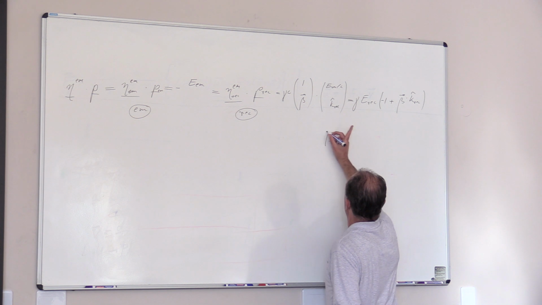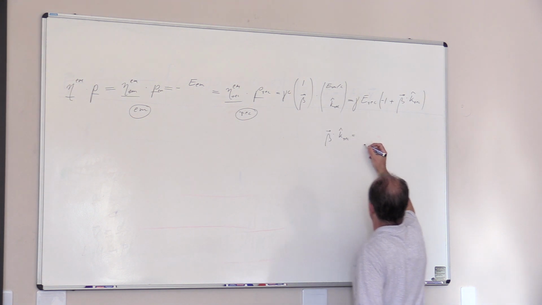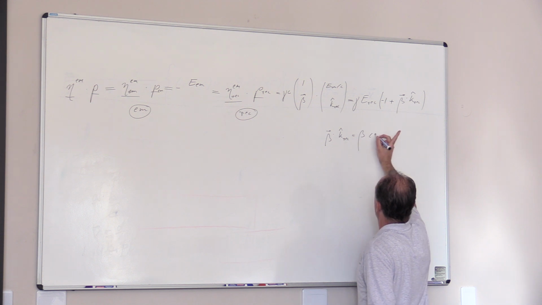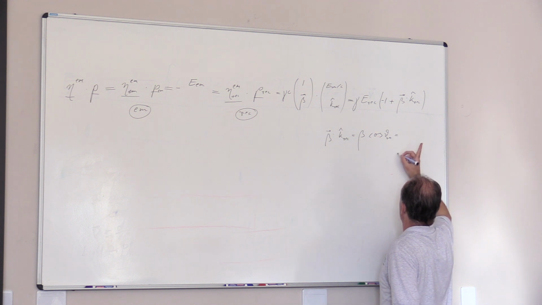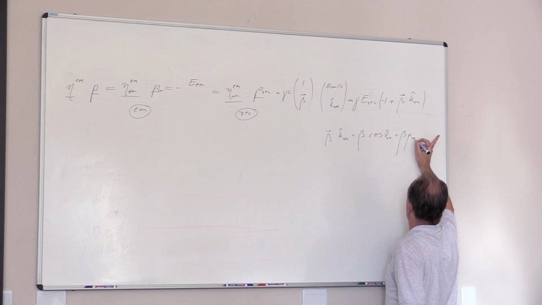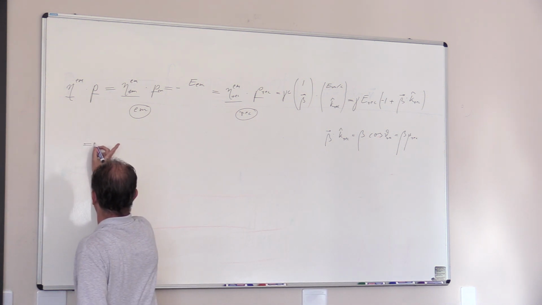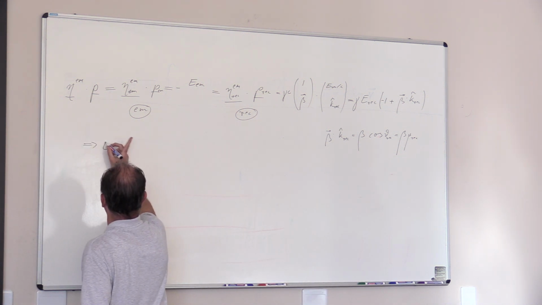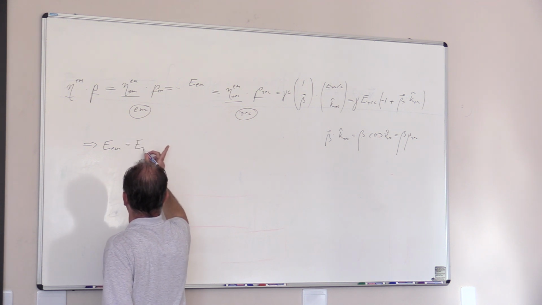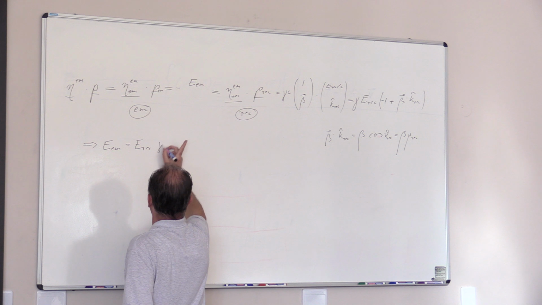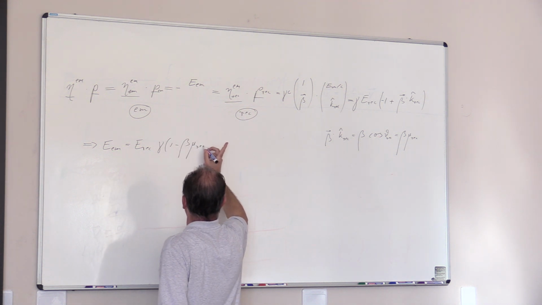We have beta dot k in the receiver's frame is simply beta times cosine of theta in the receiver's frame. So what we find is that the energy in the emitter's frame is the energy in the receiver's frame modulo gamma times (1 minus beta mu) in the receiver's frame.